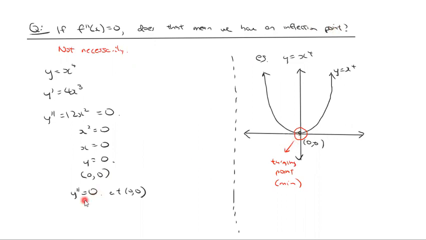This point has a second derivative equal to 0, but it's concave up on the left and concave up on the right, and therefore by definition it is not an inflection point and should not be included in your answer if you're asked for inflection points. Does that make sense? Great.